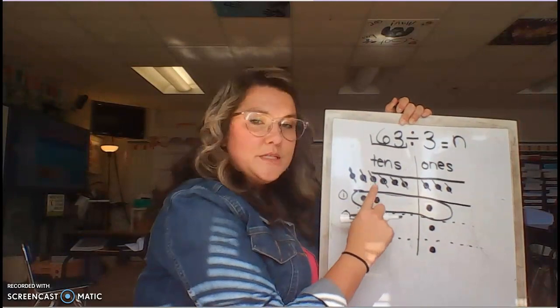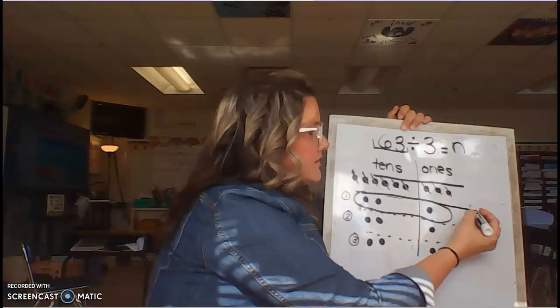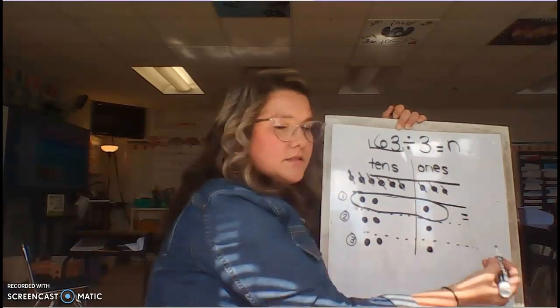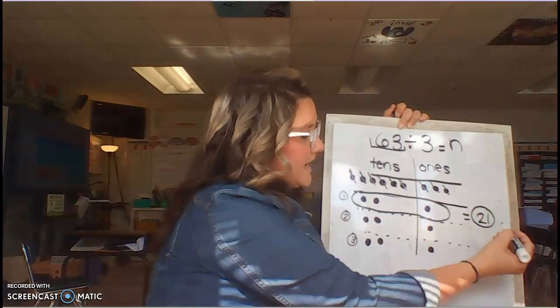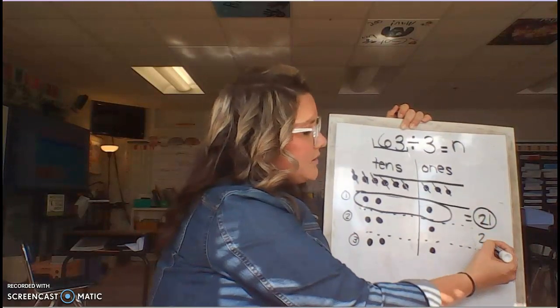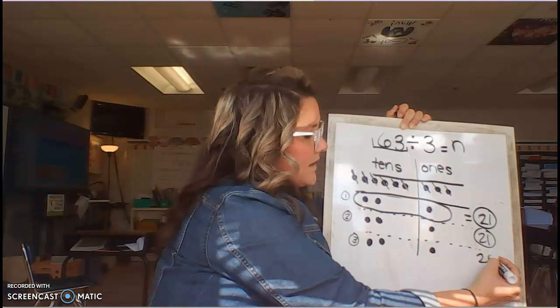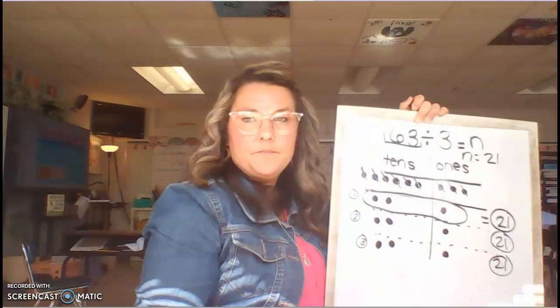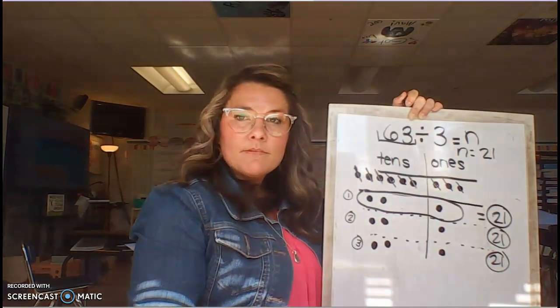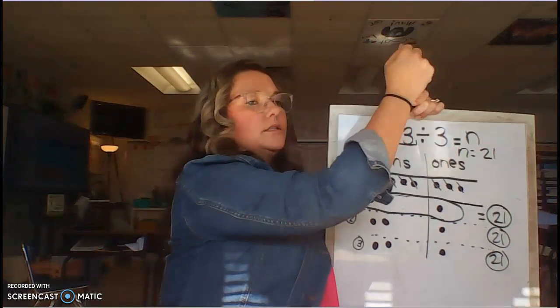So I have 2 tens and 1 one. So each group has 21. So my answer is going to be 21. So n equals 21. Okay? Let's do one more. Let's do one more.